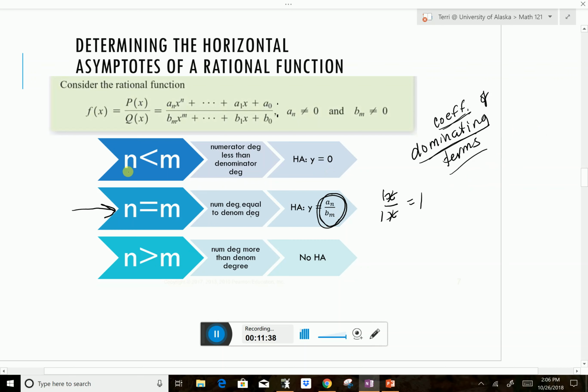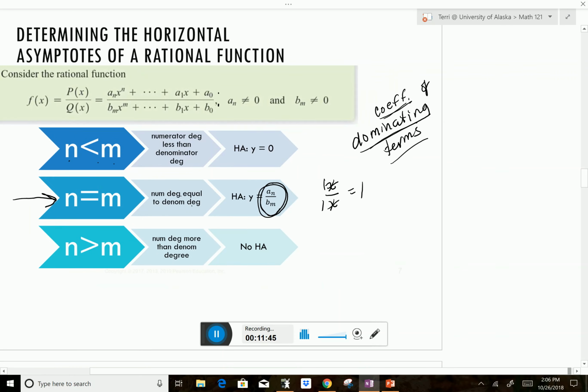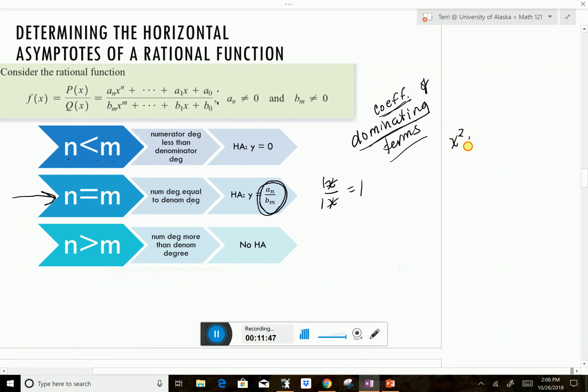Then if n is less than m, this is a situation where we have something like x squared plus 1 over x cubed plus 5, for example. If you put millions and millions in for x, would 1 and 5 stand a chance? Not at all. So you would just be looking at x squared and x cubed, again assuming these aren't 0, because we're talking about end behavior here.